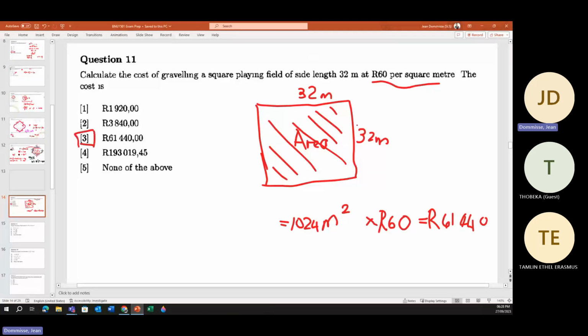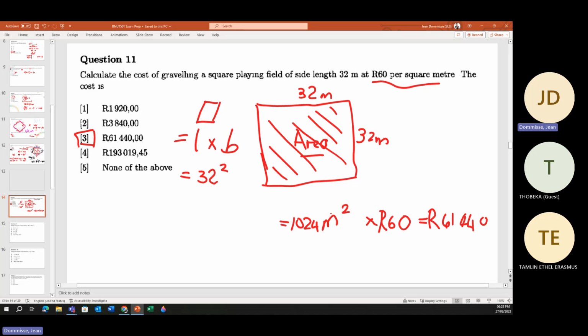Okay, so we first needed to work out what the area is. Remember that the area formula for a square is length times breadth, but it's actually the same length, so we could have also said just 32 to the power of 2. That gives us the 1024.